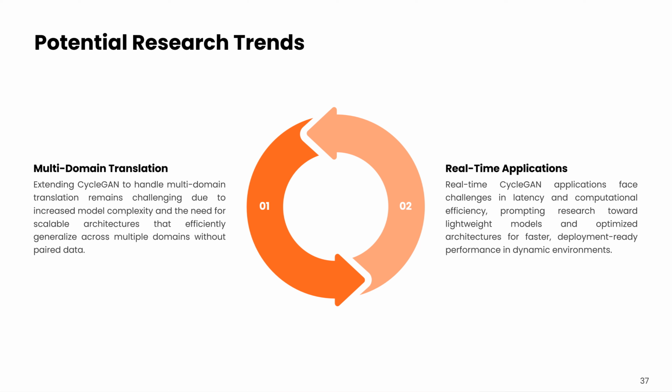As the number of domains grows, naive one-to-one pairs or separate models become impractical. A productive direction is to design scalable architectures that share knowledge across domains. Think of a shared encoder that captures a rich, domain-agnostic representation and a set of domain-conditioned decoders or adaptive normalization layers, for example AdaIN or FiLM, that steer the output toward a given style.